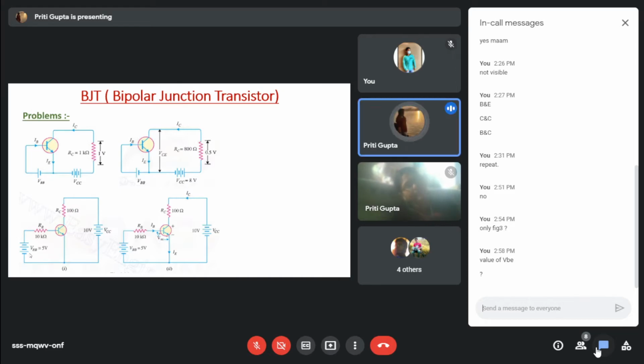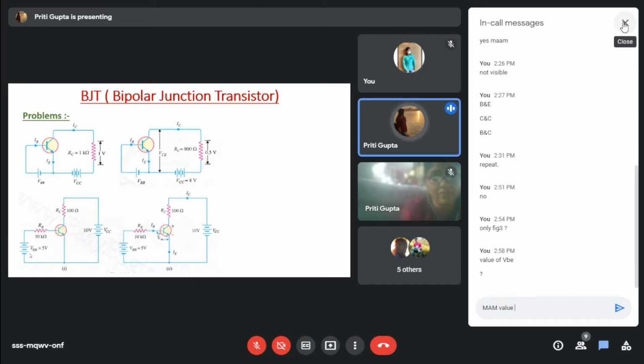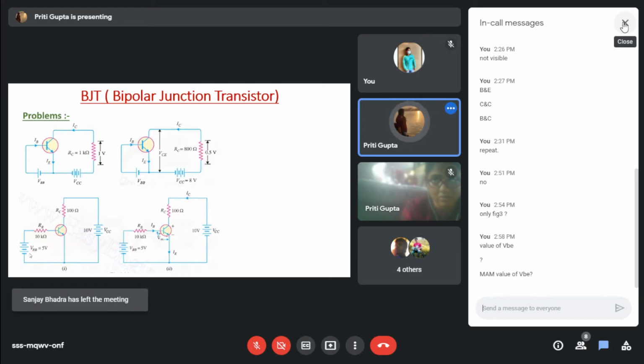Convert it into milli or micro. While you are doing a problem, just have a look whether it is in kilo ohm, milliampere or micro. Convert it, or else your answer will be wrong. So be very cautious about that.